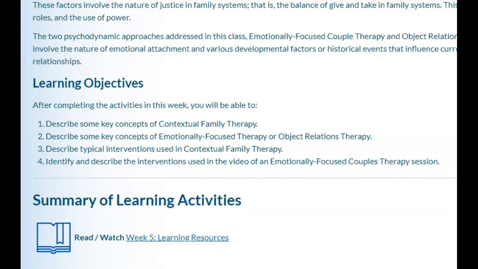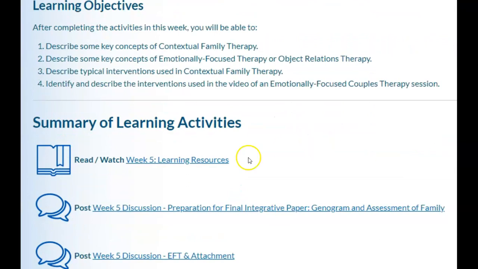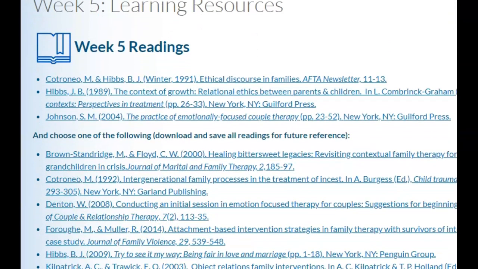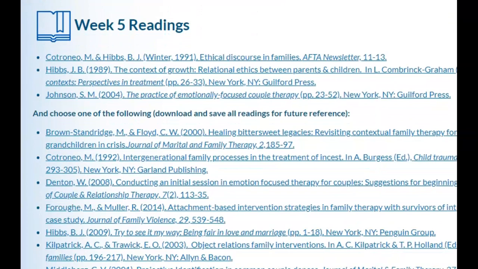Summary of the activities, and there are a number of them for this week, are as follows. So let's look at the learning resources. The required readings are the following: an article called Ethical Discourse in Families, an article by Hibbs, and you'll be looking at some videos done by Hibbs.